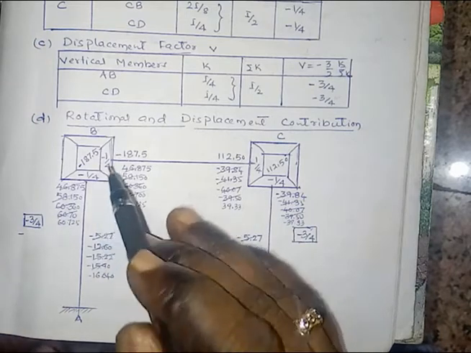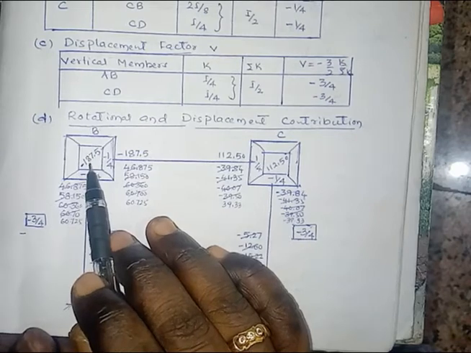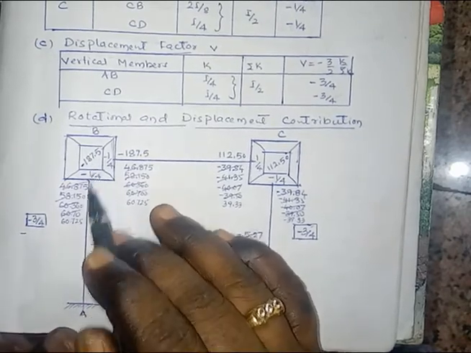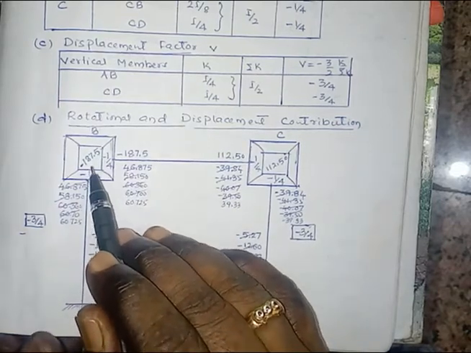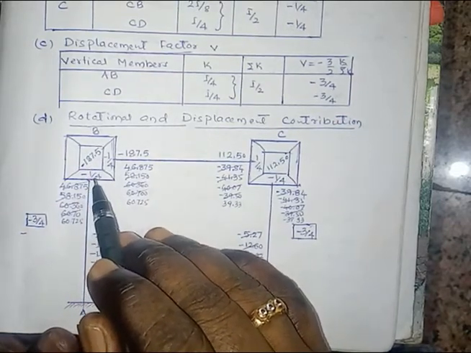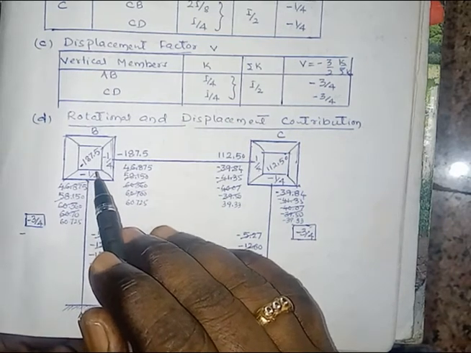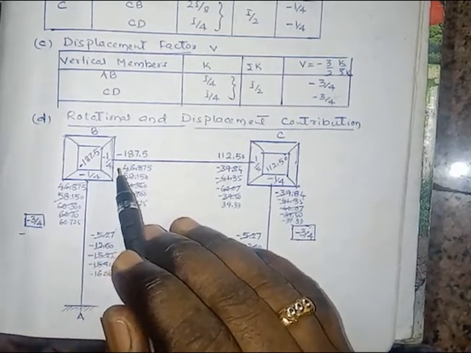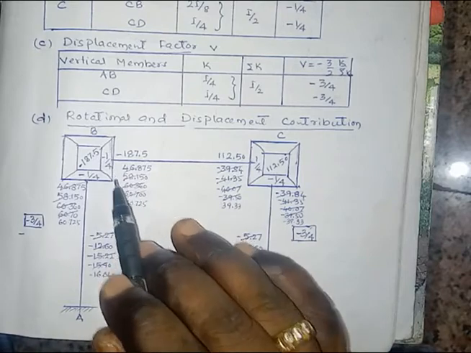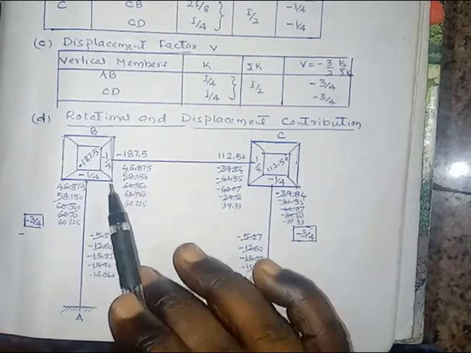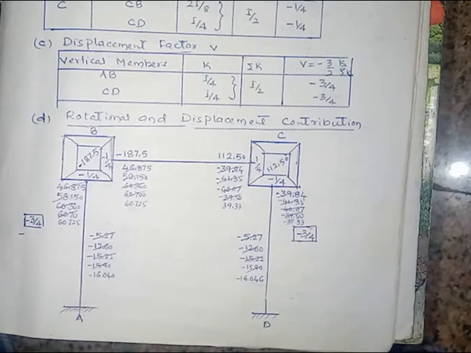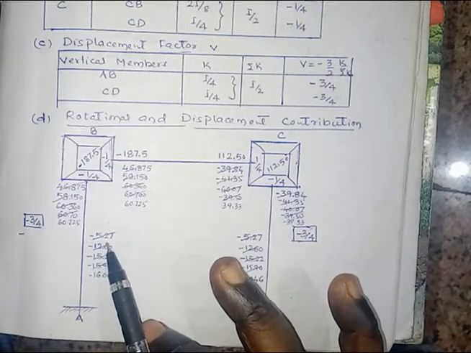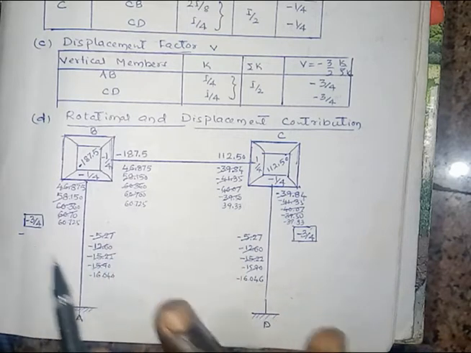Here, the rotational moment, the joint is B. For BA, that is M dash BA, the rotational moment is given by M dash ij equals the rotational factor multiplied by, in the bracket, the sum of the fixed end moments plus the sum of the far end contributions, plus, in addition to those two, the displacement contribution.